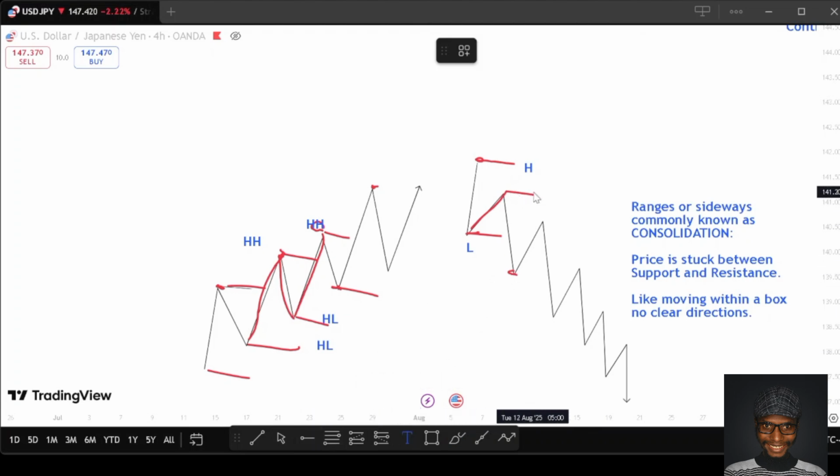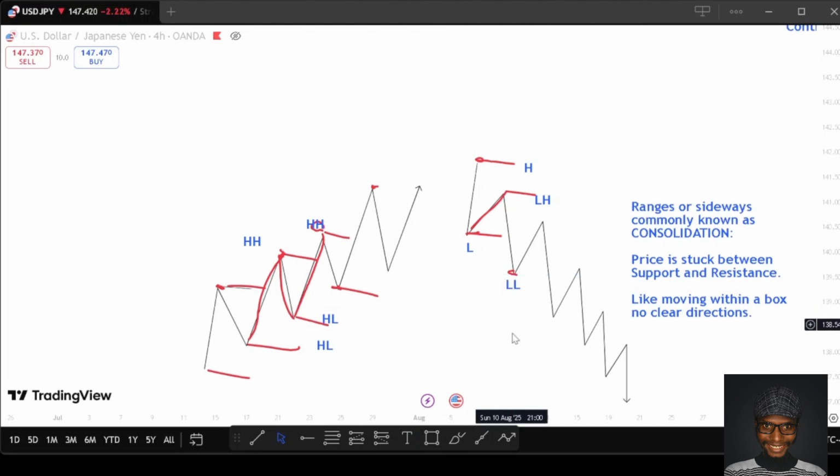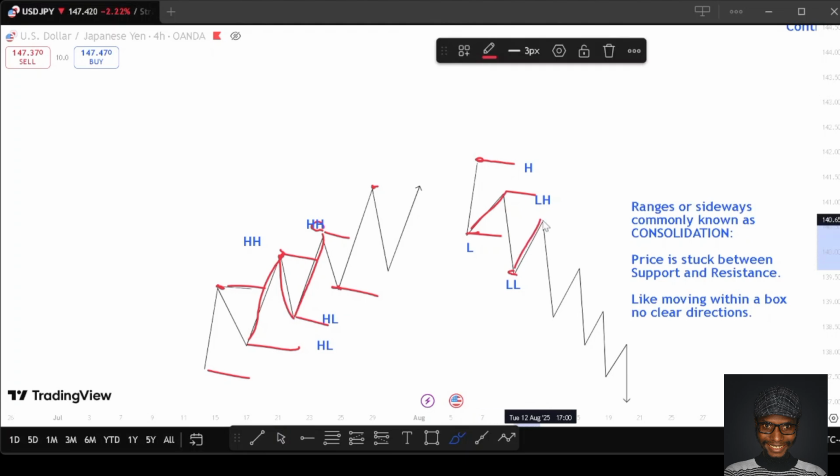So here is our new lower high, while this is our lower low. Now price pulls back again, but still respects this high. Instead, it reverses and gives us another low, breaking past this. Now this becomes our lower high and this becomes our lower low.